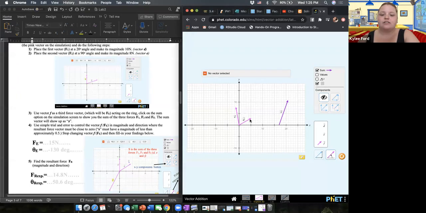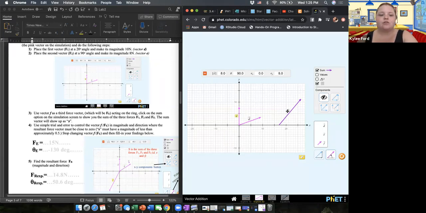You want to set up your first two vectors accordingly. So I've got vector D, which is the first vector at a 20-degree angle and 10 units magnitude. And then I have my second vector at 90 degrees and 8 newtons magnitude.